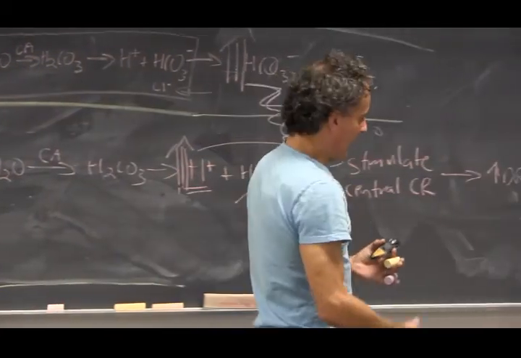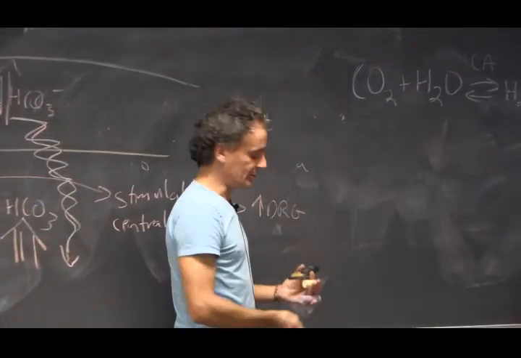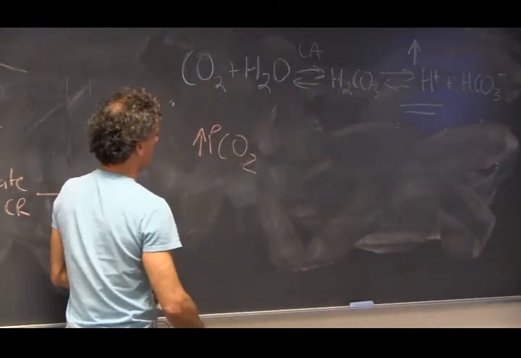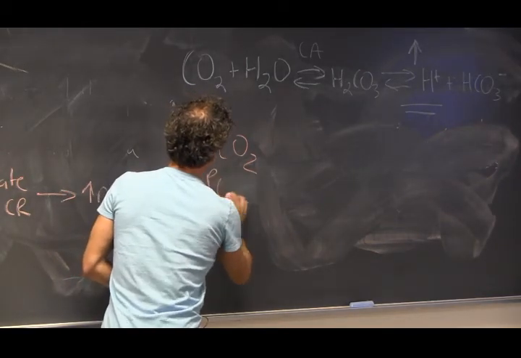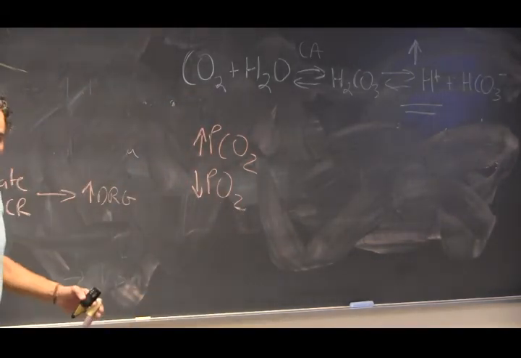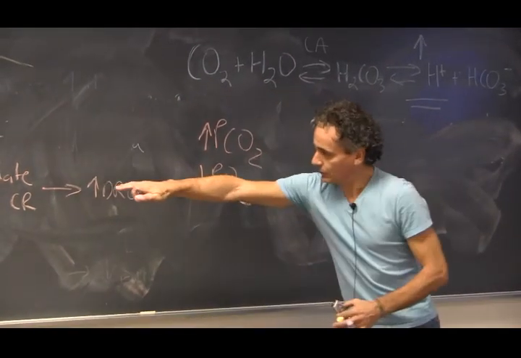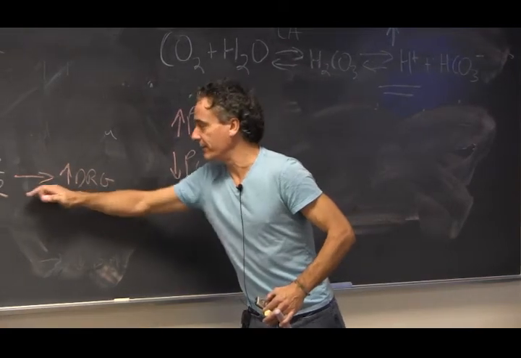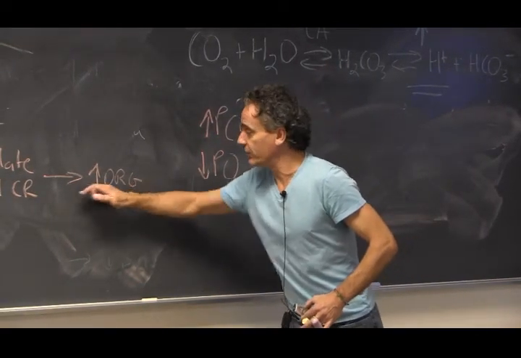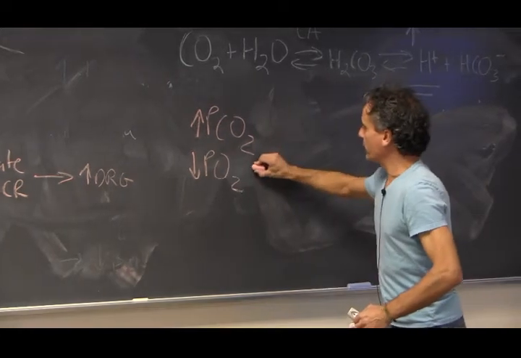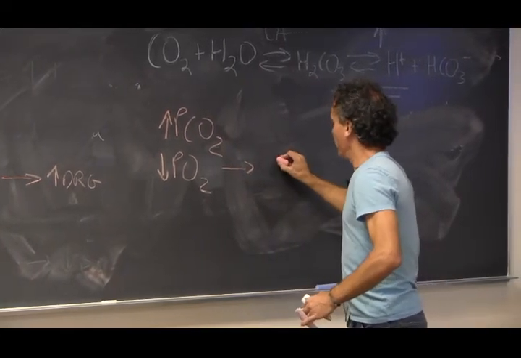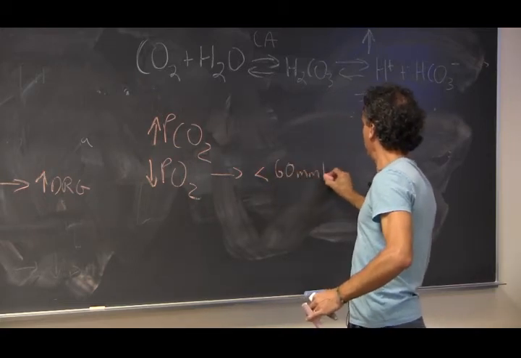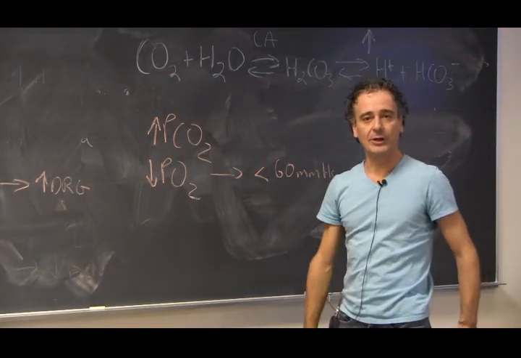If they begin to do that, then eventually the PCO2 of blood keeps going up, and the PO2 of blood keeps going down. And eventually, at some point, because you're removing the drive to stimulate the DRG, the PO2 of arterial blood gets into the range of less than 60 millimeters of mercury.